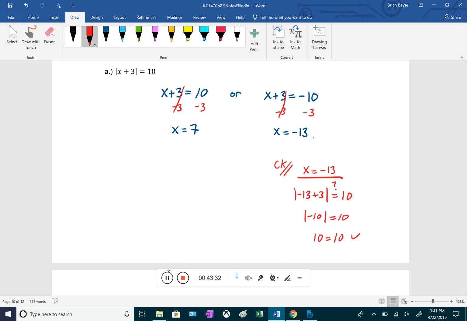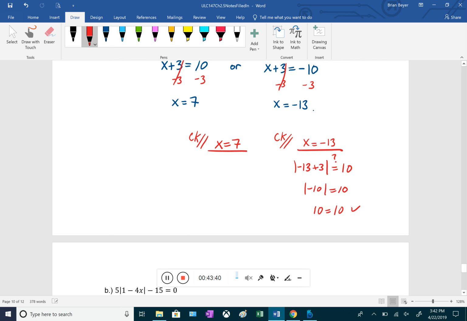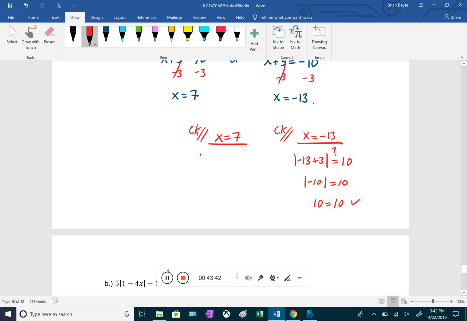And let's check this for x equals 7. So plugging in a 7 into the original, the absolute value of 7 plus 3 equals 10, question mark, that's the absolute value of 10 equals 10, which is true.